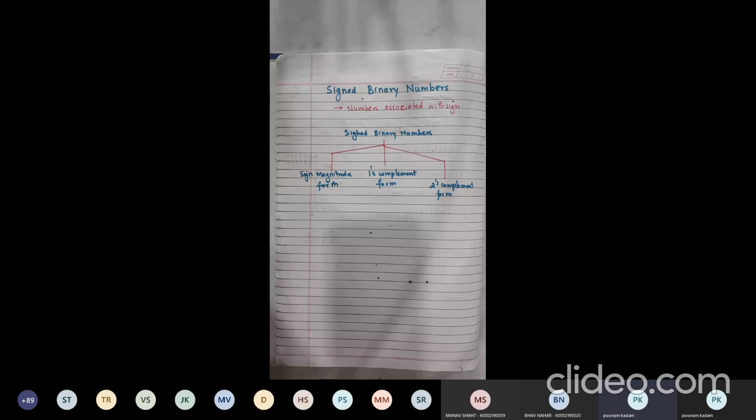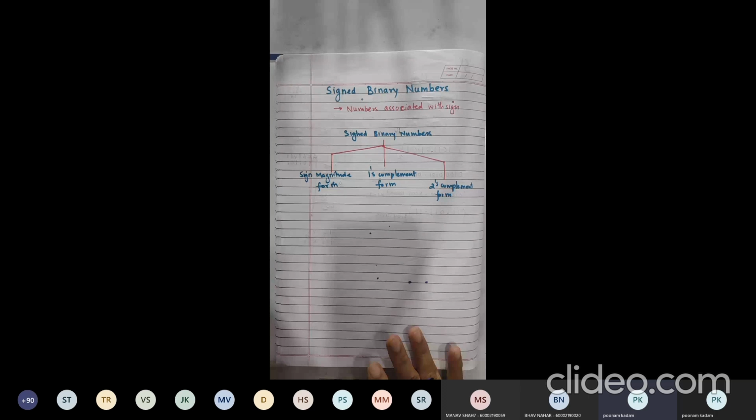Normally an additional bit is used as the sign bit and is placed as the most significant bit. If the value of this bit is 0, it represents a positive number, and if the value of this bit is 1, it is a negative number. This is how we show positive and negative numbers in binary format.